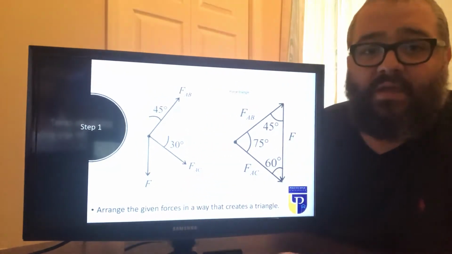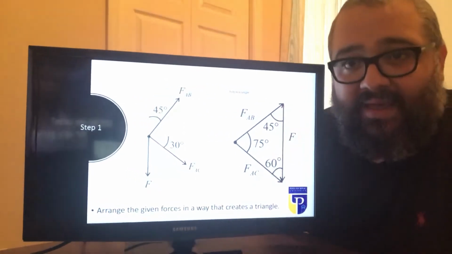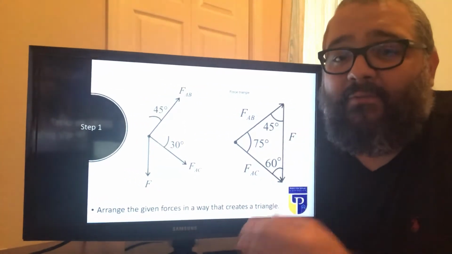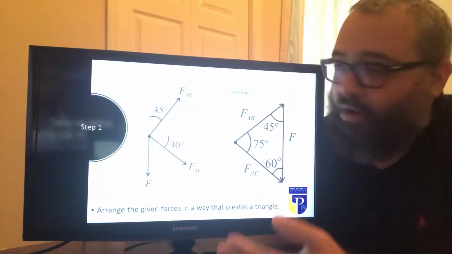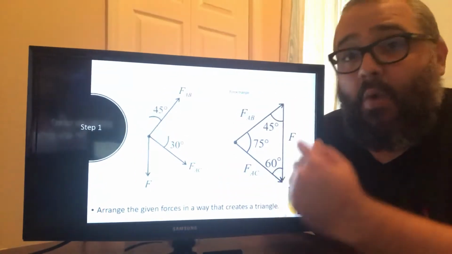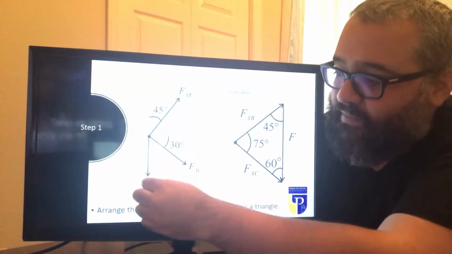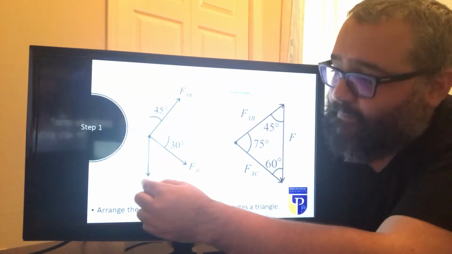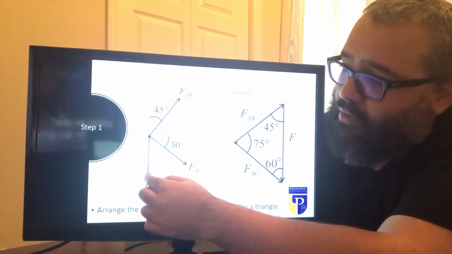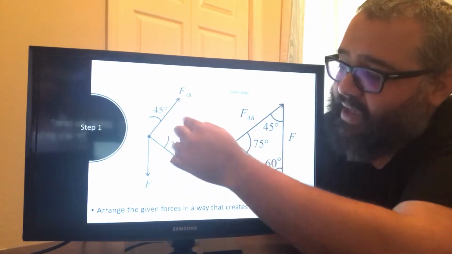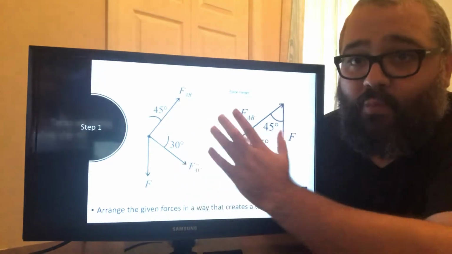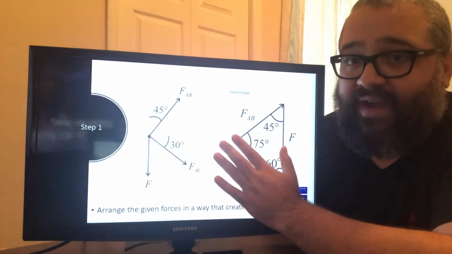So the first step is that we need to arrange the given forces in a way that creates a triangle, which is called a force triangle. What we're going to do is move force F all the way to B to connect FAB to FAC, and we will create a force triangle.